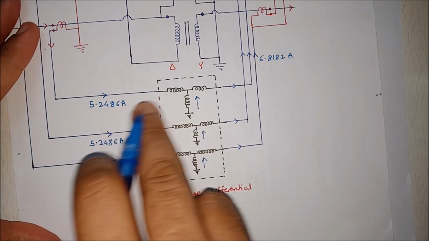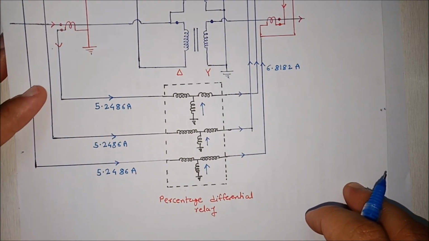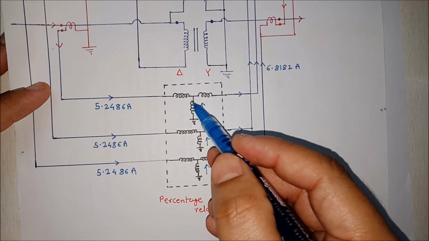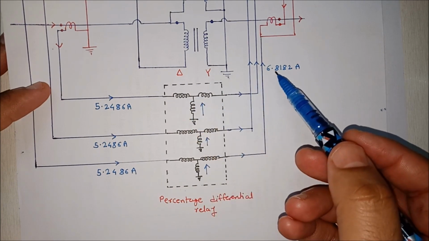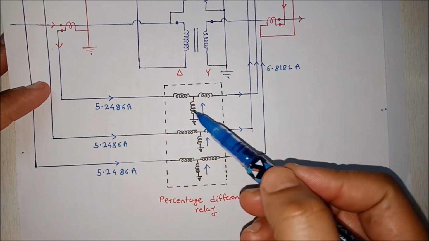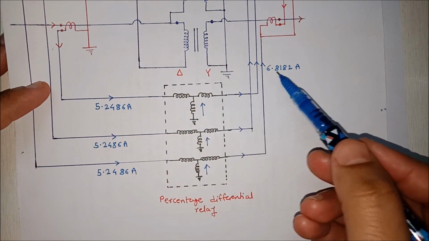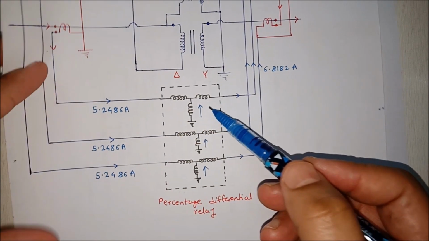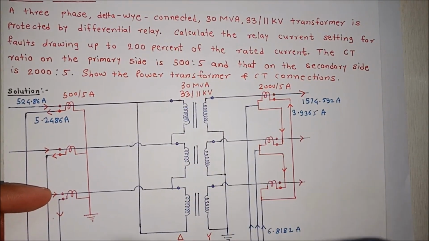If I apply KCL at this node, this plus this current will be 6.8182. What we want is how much current will flow through the trip coil during rated load. So it will be the subtraction of 6.8182 minus 5.2486, because after applying KCL, this current plus this current will be 6.8182. And it is mentioned that the relay current setting is 200% of the rated current.